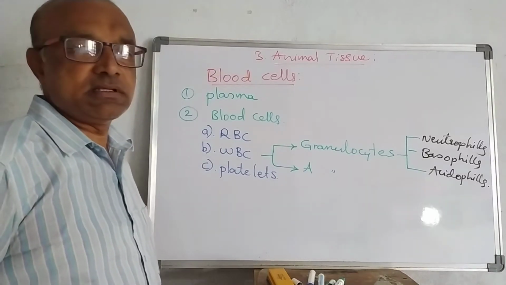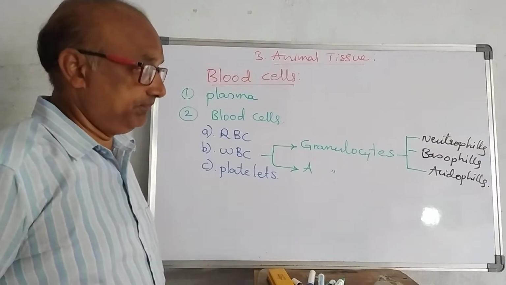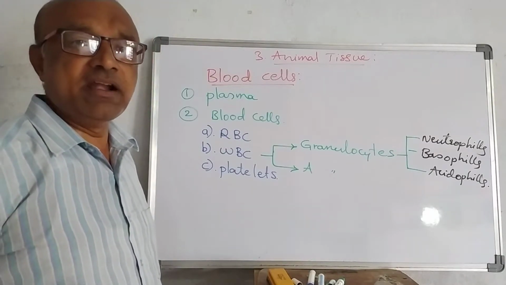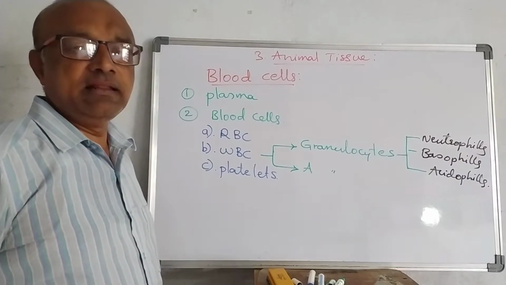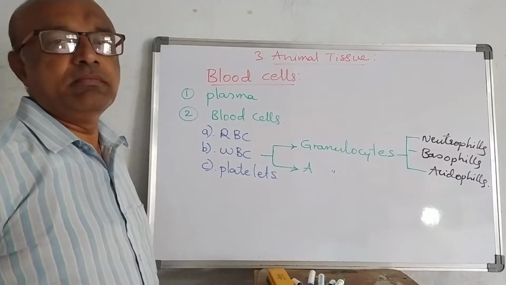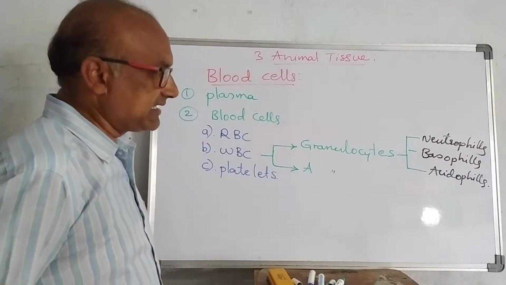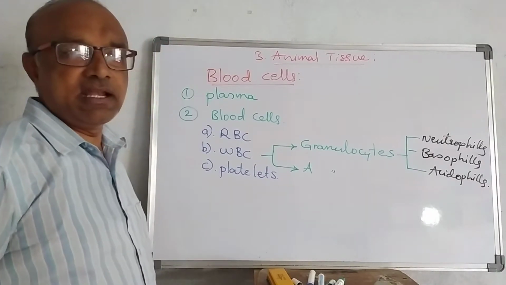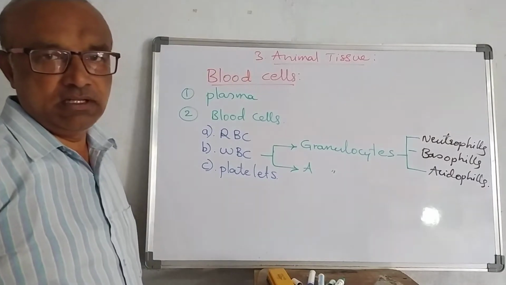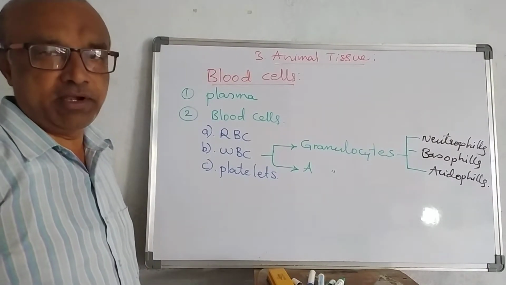And basophils are moving like different types of cells, searching for dead cells and killing the germs which are entering our body. Then acidophils are moving like amoeba. They usually increase in number when there is allergy or when we consume a substance unsuitable to our body.